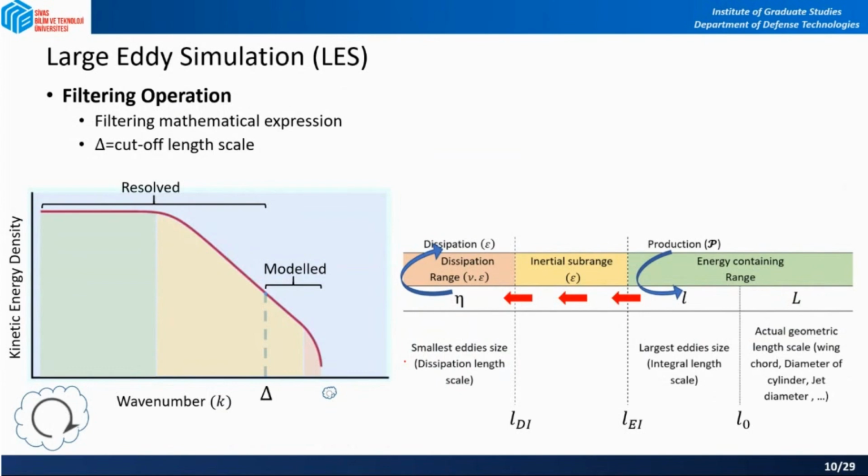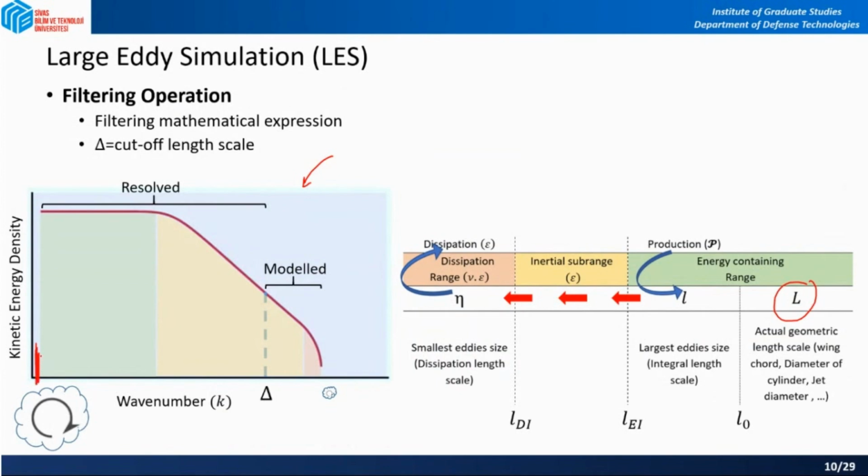For the filtering, I have to remind you of the energy flow diagram that we had before. If you remember, we had the geometric scale, capital L. It was a geometric scale somewhere in here, a very big scale, okay?